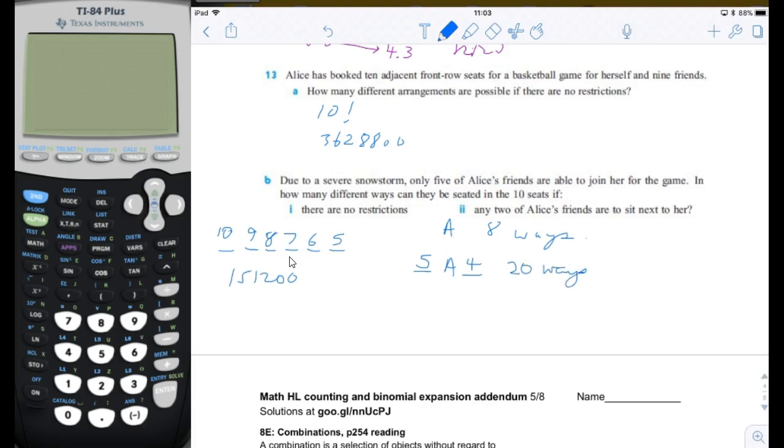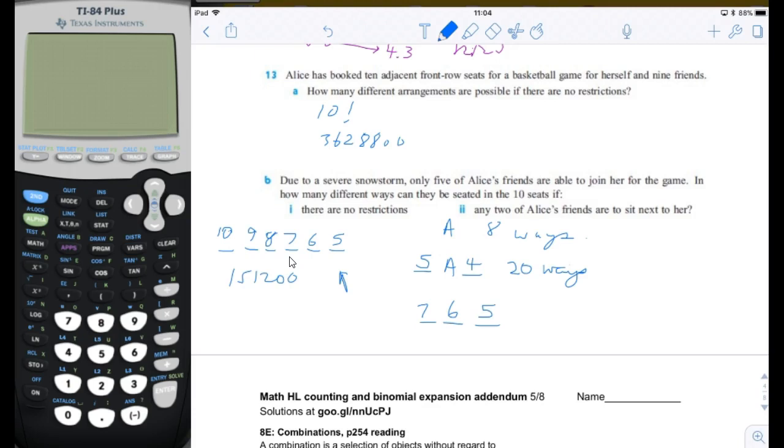Then she's got 3 remaining friends. And for those 3 remaining friends, let's use the same method that we used over here. So if she has 3 remaining friends, those 3 remaining friends can choose from the 7 remaining seats in any way. So that would be 7 seats to choose from for the first friend, 6 for the second friend, and the third friend would have 5 seats to choose from.